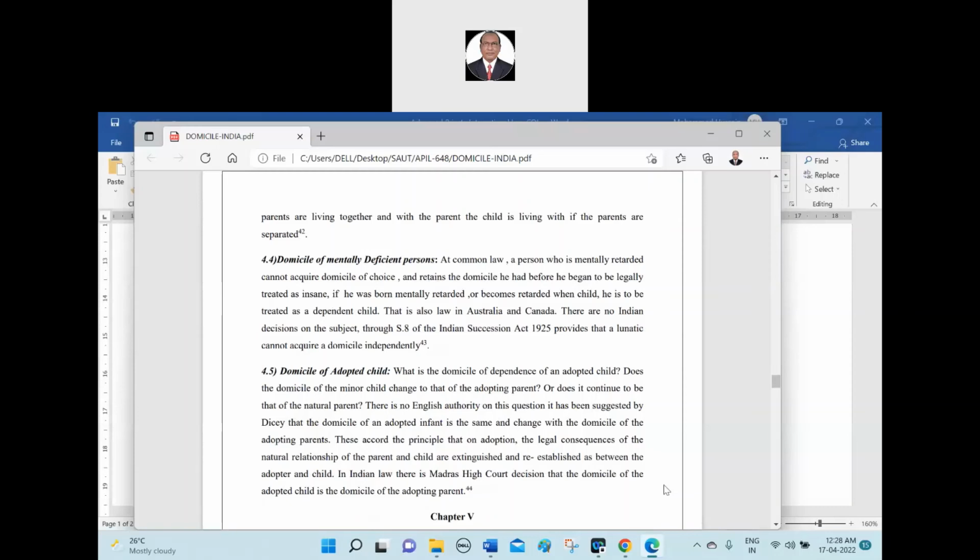Domicile of an adopted child. As I told you just before, under the Hindu Adoption Act, the Christian Adoption Act, and the Muslim legitimation rule, the adopted child automatically gets the parents who adopted him. Does the domicile of the minor child change to that of the adopting parent, or does it continue to be that of their natural parents?